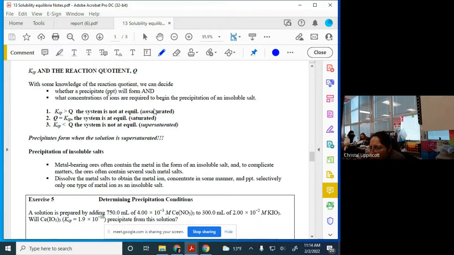That means you could put more solute in there and it would come apart as ions. If they're equal, then that's saturated. And if K is less than Q, then it's going to be supersaturated if it's still dissolved. Otherwise, it would come out as a solid.